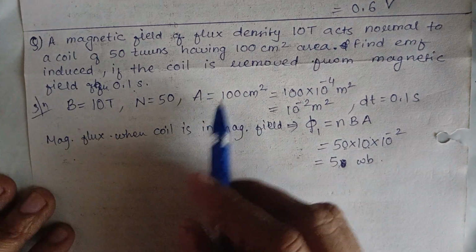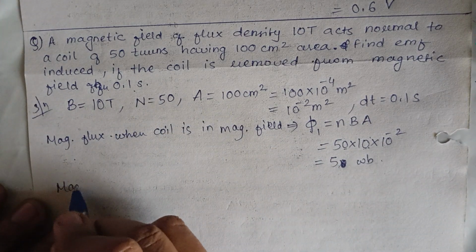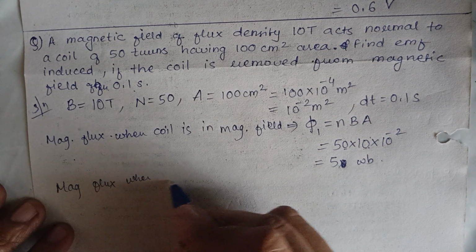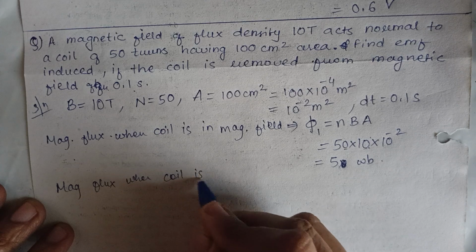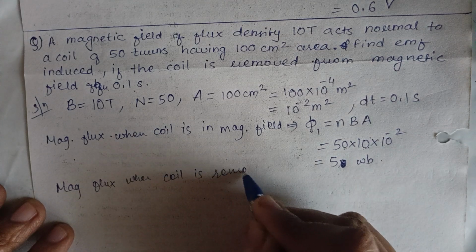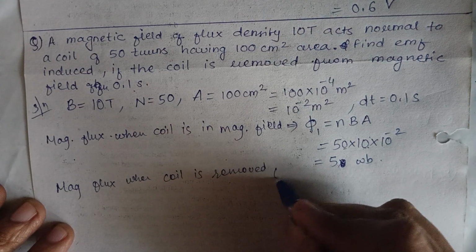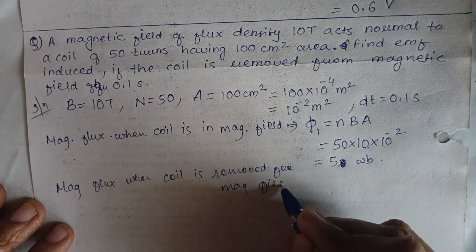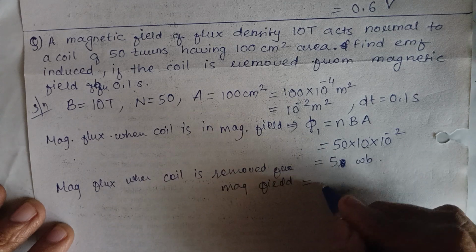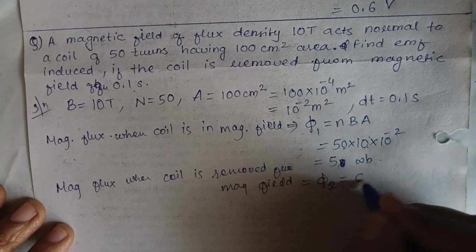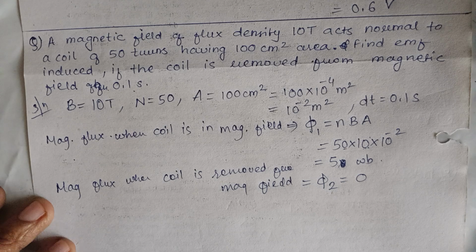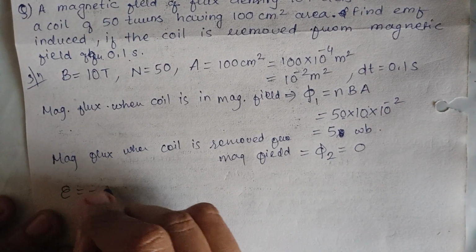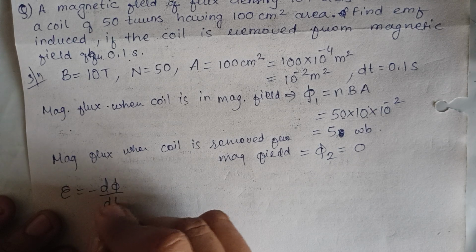Now when coil is removed from magnetic field, here we'll get the value 0. Correct? So we have to find EMF induced, it is minus d phi by dt.